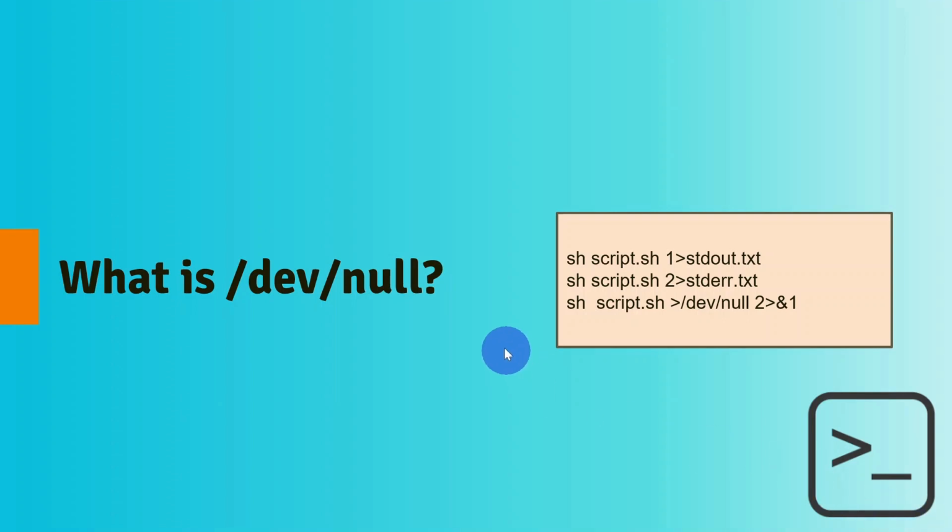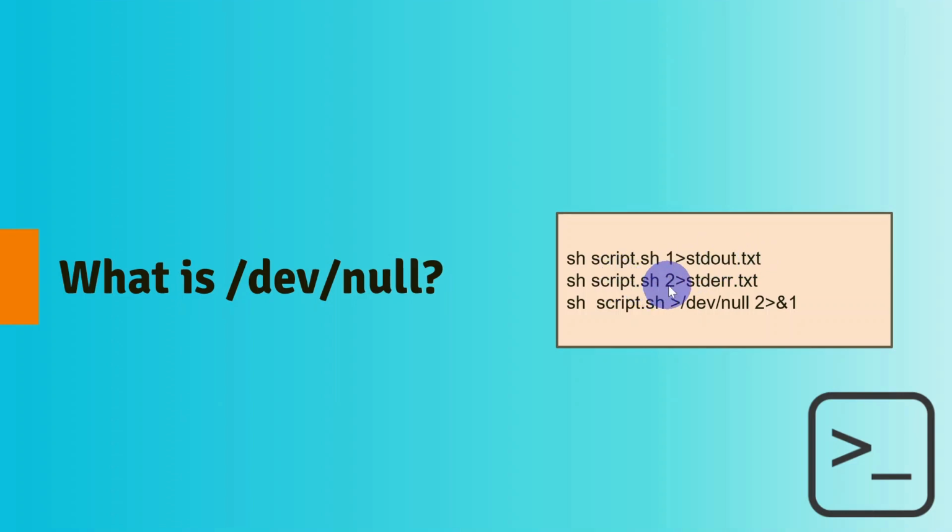On the screen, you can see we have a statement where we are running the shell script, and 1 greater than standard out.txt. Here 1 is our standard output, and we are redirecting it to standard out.txt. You can have any kind of file here.